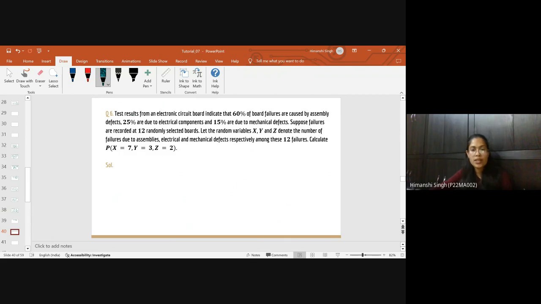So here the question says that test results from an electronic circuit board indicate that 60% of the board failures are caused by assembly defects, 25% are due to electrical components, and 15% are due to mechanical defects.